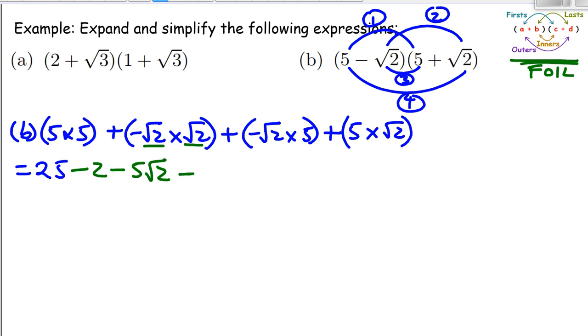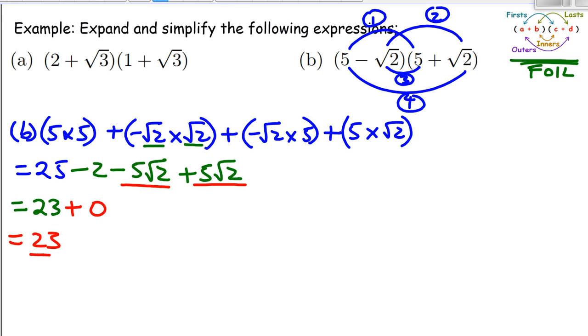And in the last step, I have 5 root 2 as well. If I simplify my answer, 25 minus 2 will be 23. Now, here I have negative 5 root 2 and 5 root 2. Both of these will cancel to give me 0. So I'll just have 23 as my final answer.